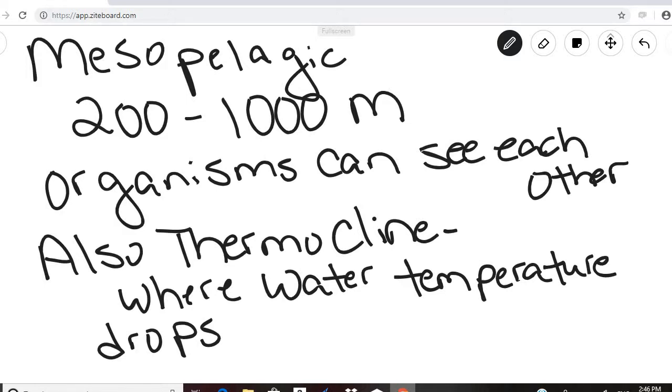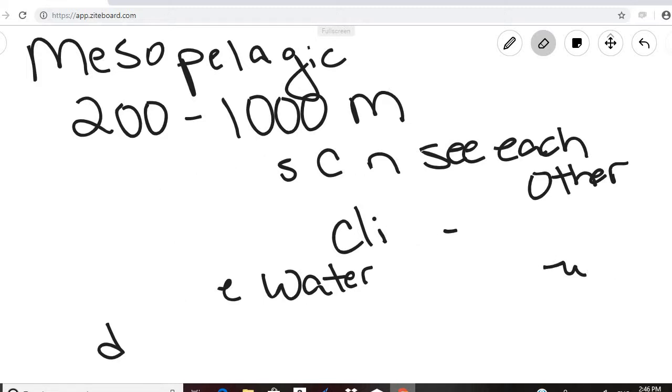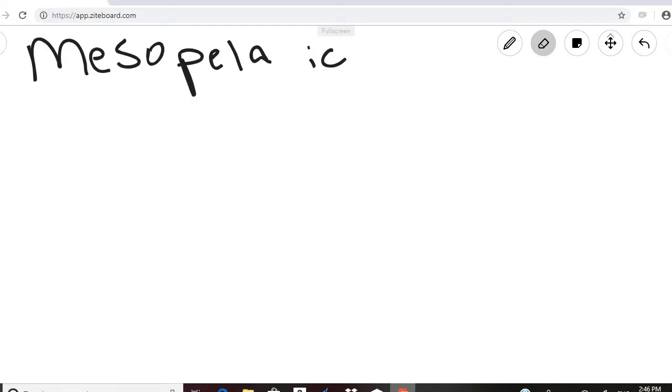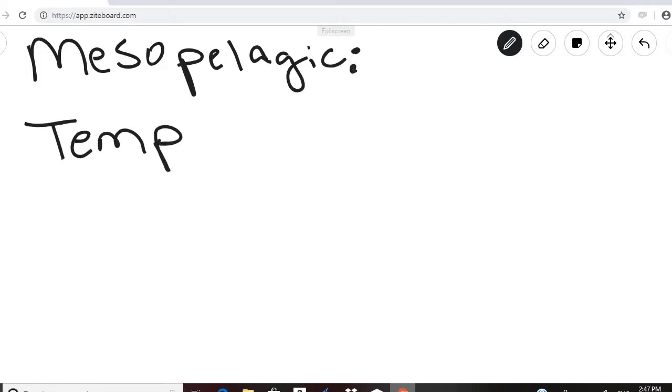And mainly because the sun will heat the ocean, but if the sunlight is not penetrating, then you're going to end up with cold water. So the temperature in the mesopelagic region stays pretty constant. We don't see a lot of temperature change.